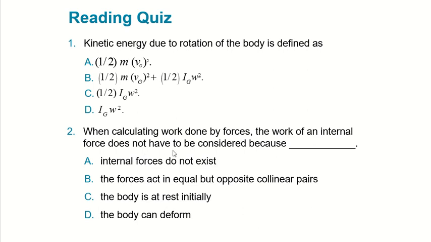Alright, then the second one is, when calculating the work done by forces, the work of an internal force, right? It doesn't have to be considered. So this is just telling you, when you think about the work done by force, usually work and force are related. And I have shown you several times in past chapters how they're related.